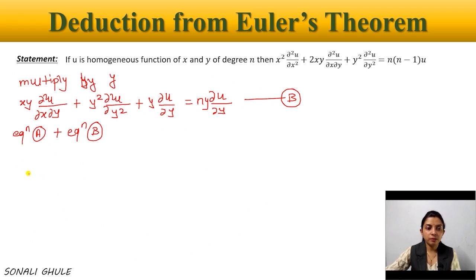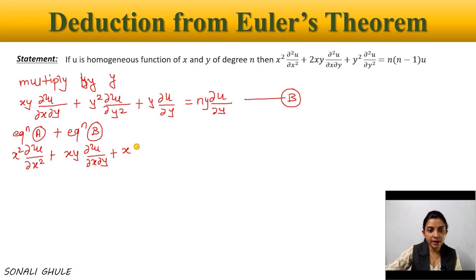From equation A, it is x² ∂²u/∂x² plus xy ∂²u/∂x∂y plus x ∂u/∂x is equal to, plus, because we are going to do addition.